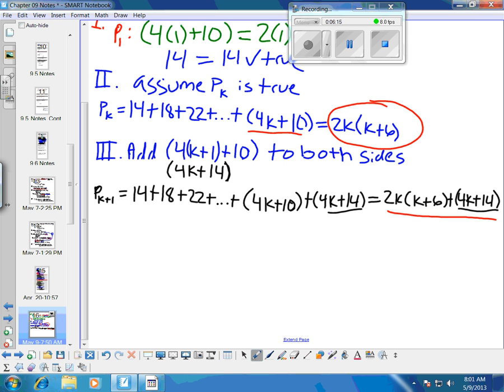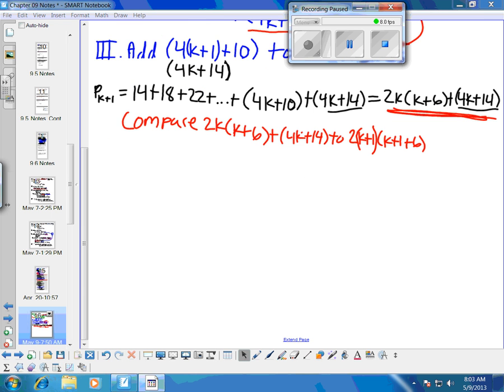So what you need to do now is compare the right side of our P of k plus 1 statement with the right side of our P of k statement after you replace the k's with k plus 1. Questions on that? Alright, let's write that statement out here, Bryce.